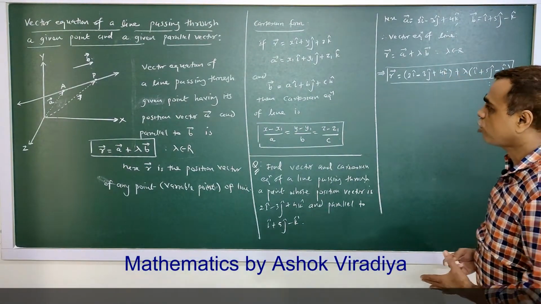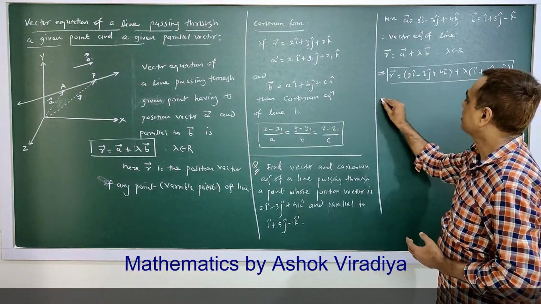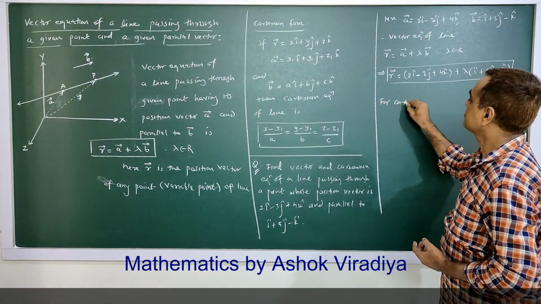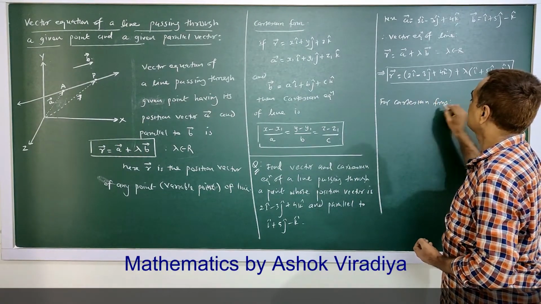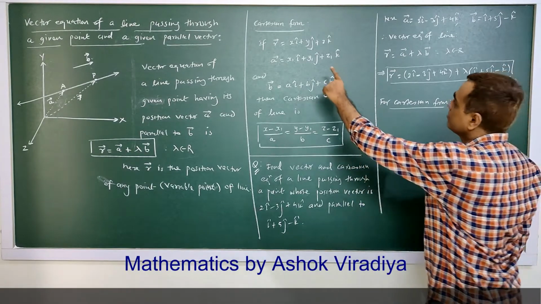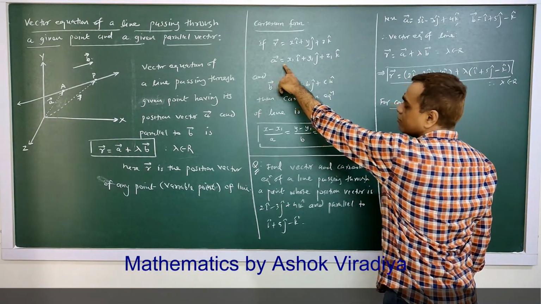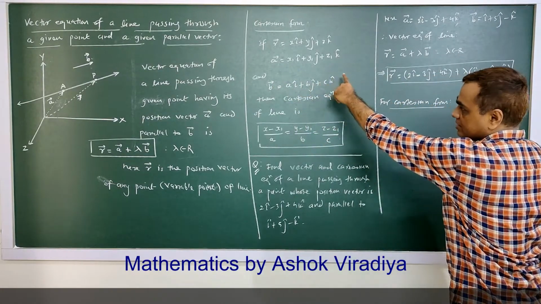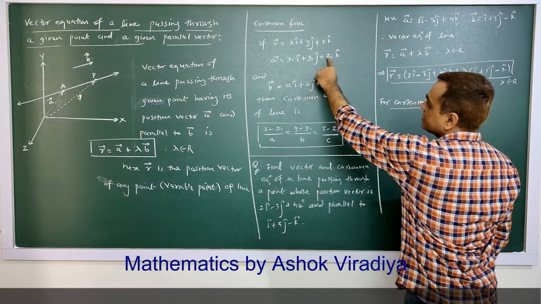And to obtain the Cartesian form, given the position vector of the given point, say scalar components x1, y1, z1.